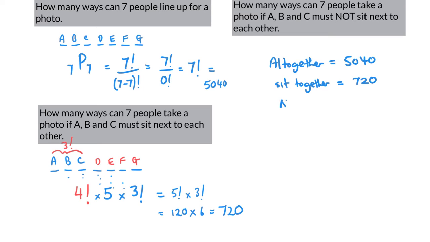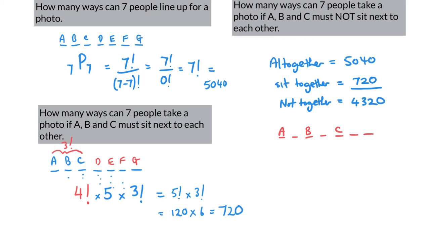And then not together will be those 2 subtracted. And 720 from that is 4,320, I think.